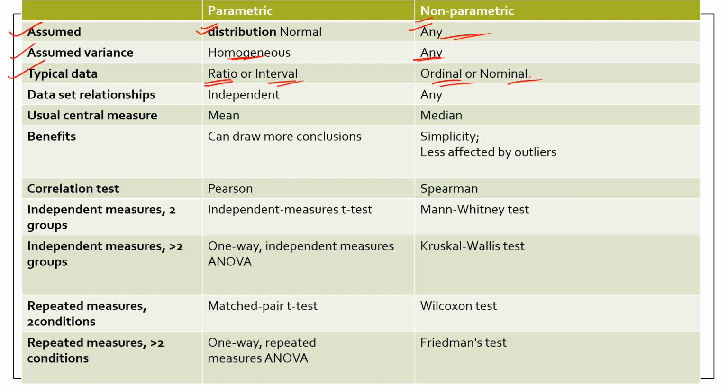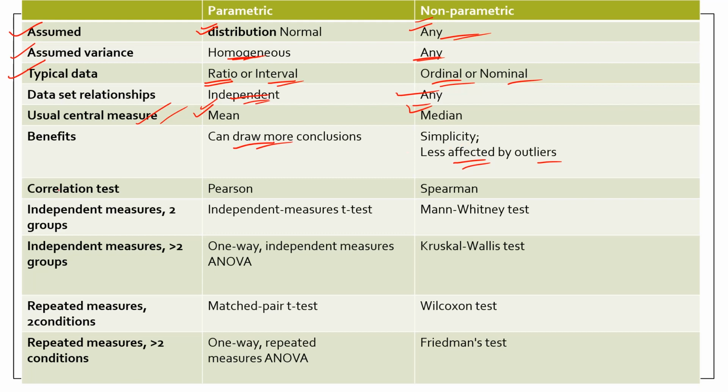Here it is ordinal or nominal type of data. Data set relationship, they are independent of each other. And for the usual central measures, we all know the mean, median and mode. For the parametric test we use the mean, for the non-parametric test, median or mode. The benefit is we can draw more conclusive results, and here it is less affected by outliers.